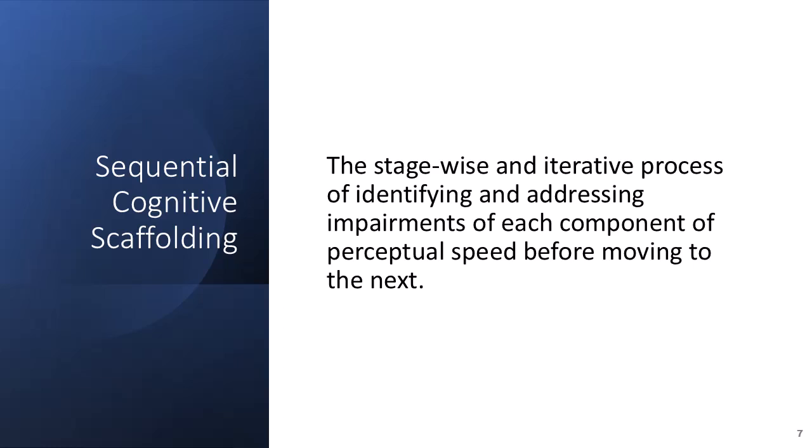Cognitive scaffolding refers to the process of providing targeted support to help an individual remediate an ability, and then gradually removing that support as they become proficient. Together, the term effectively describes the iterative process of identifying and addressing impairments at each specific stage of the perceptual speed process before moving to the next.